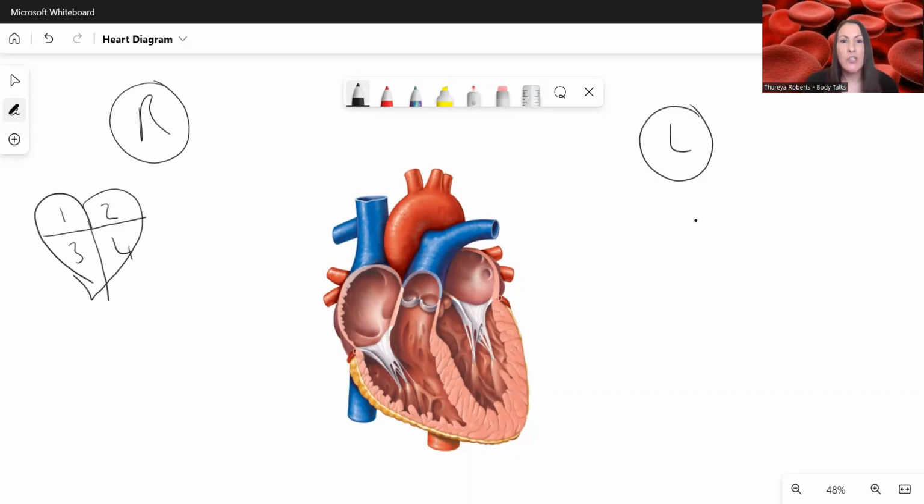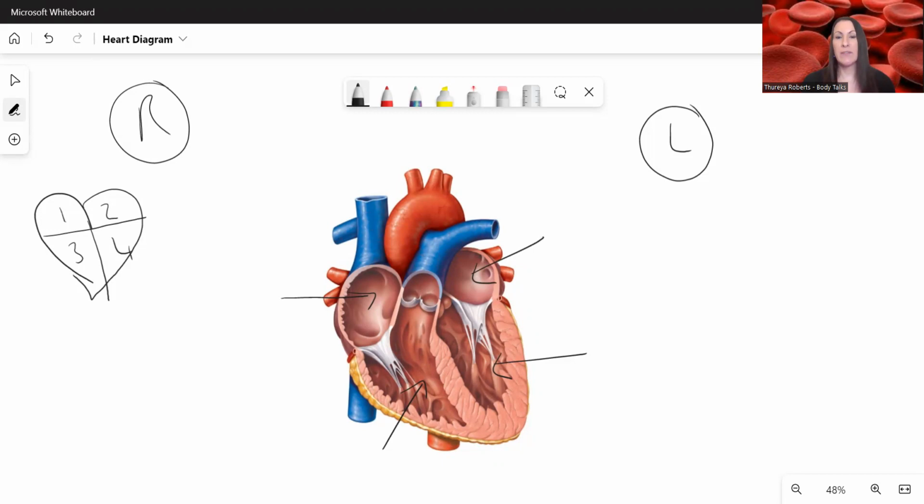So the right atria, or atrium if we're talking about just one, atrium for one and atria for plural. So this is the right atrium here, and then the right ventricle down here. Then we have the left atrium up here and the left ventricle down here.